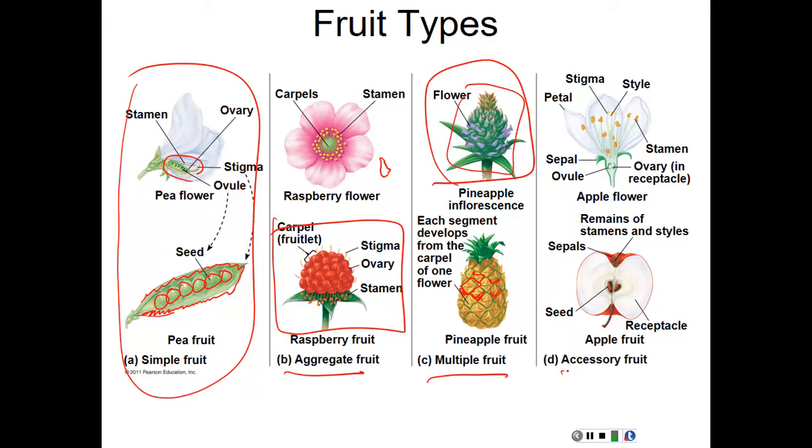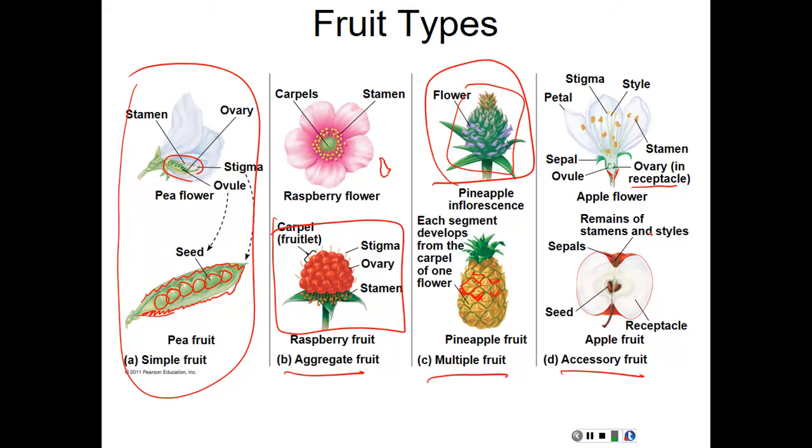And then finally we have the accessory fruit, like apples. I talked about this a little bit before. An accessory fruit is when you have other tissues besides just the ovary wall becoming fleshy. So when you look at the apple flower, the ovules and the ovary are kind of sunk down far into the flower and are almost right into the area we call the receptacle, the base of the flower.